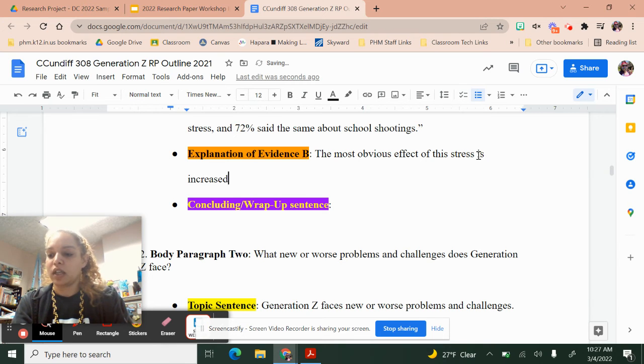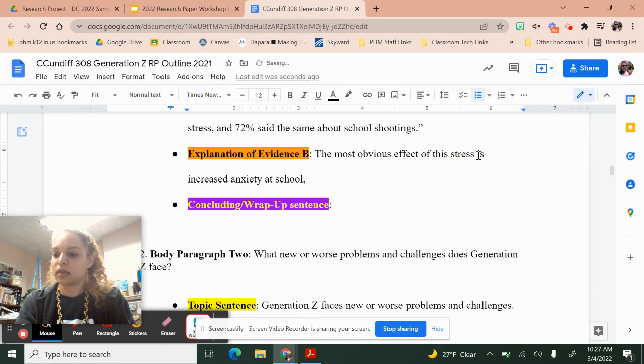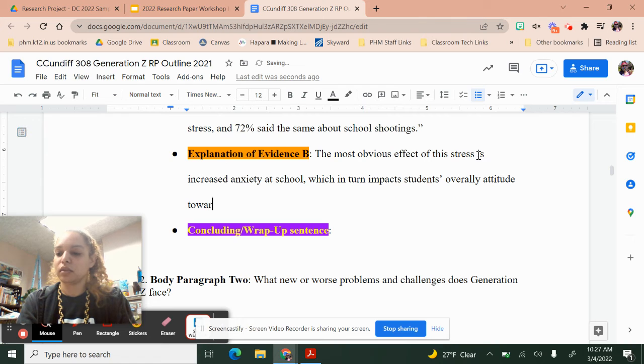So the obvious effect of this stress is increased anxiety at school, which in turn impacts students' overall attitude toward school, as well as distracts students from learning.